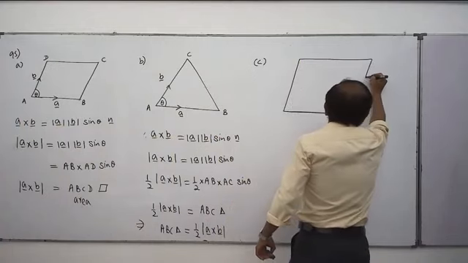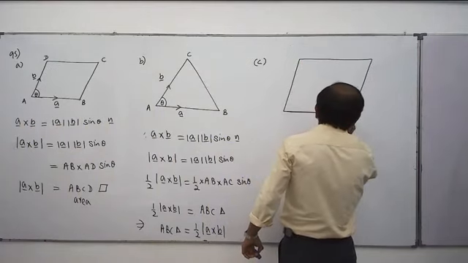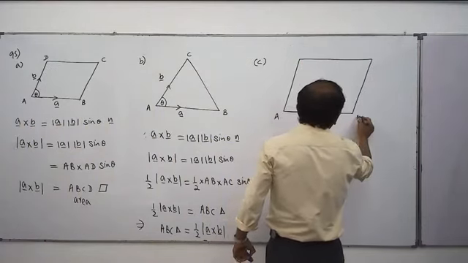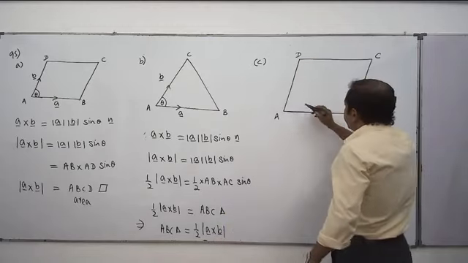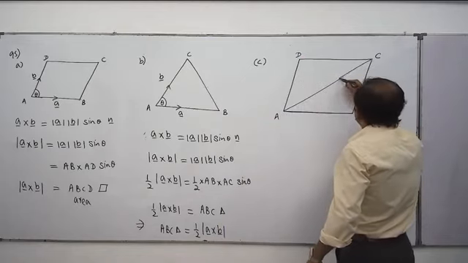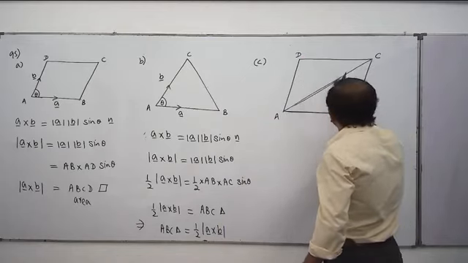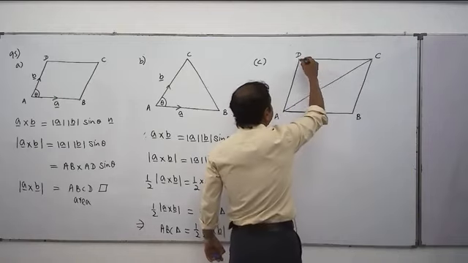This is our parallelogram, A, B, C, D. AC is a diagonal. BD is also a diagonal.